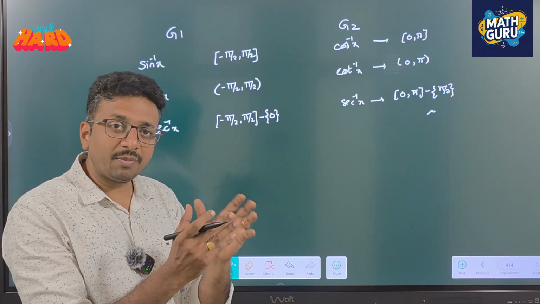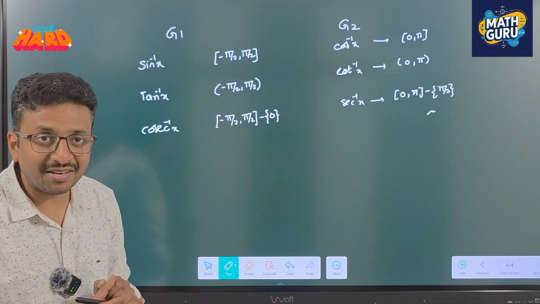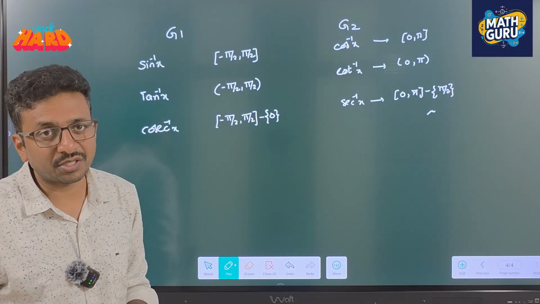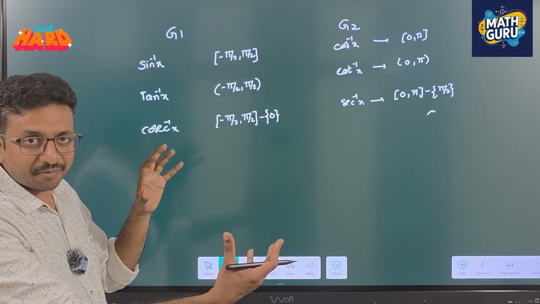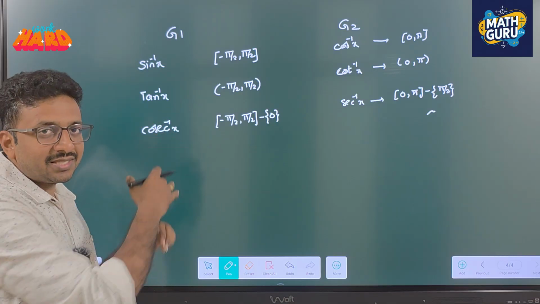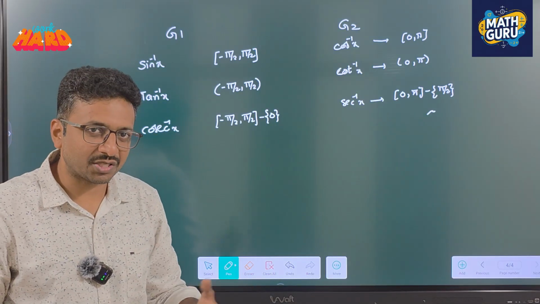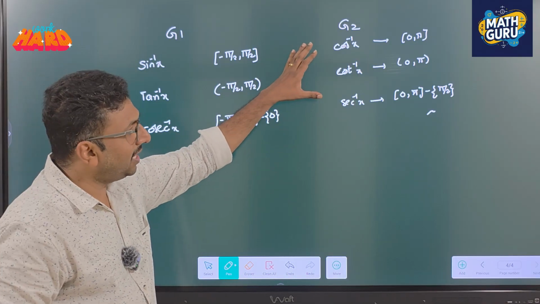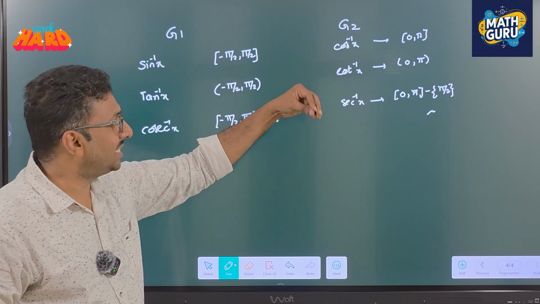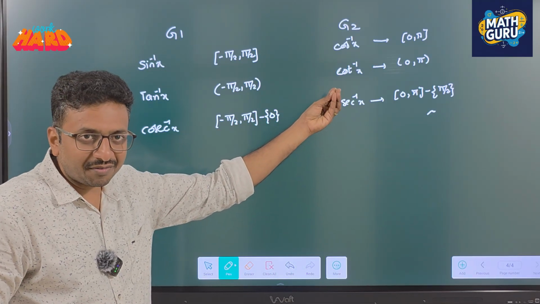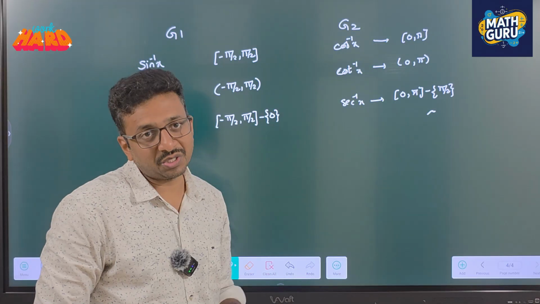Take any number between 0 and 1 and send it inside sine inverse, and you'll always get an angle in the first quadrant. The tan inverse x domain is minus infinity to infinity. Take any positive number and send it inside tan inverse, and you'll always get an angle in the first quadrant. Similarly, if you take any valid positive number and send it inside the inverse trigonometric functions, the answer is always in the first quadrant.